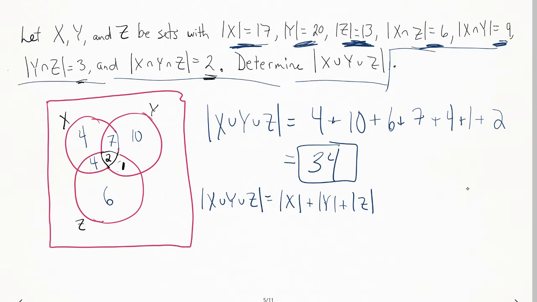If I consider something that's in x and y, notice I've counted it once for x and a second time for y. So we need to subtract off that intersection. So we'll subtract off the intersection of x and y. Same thing, anything that's in x and z both, we've counted that twice, so we've got to subtract that off. And then the same thing happens for y and z.